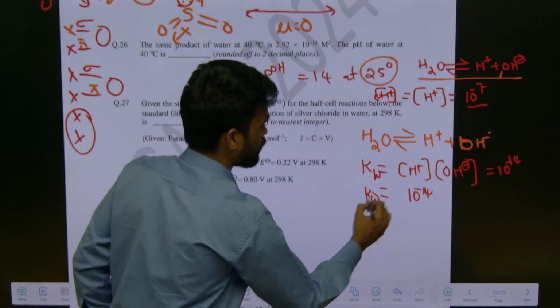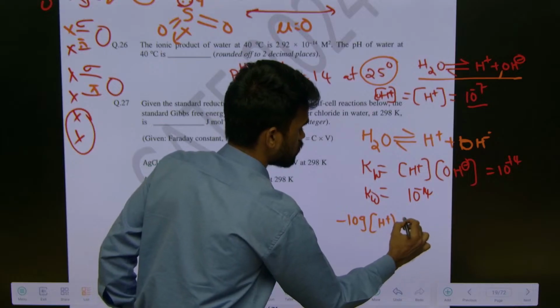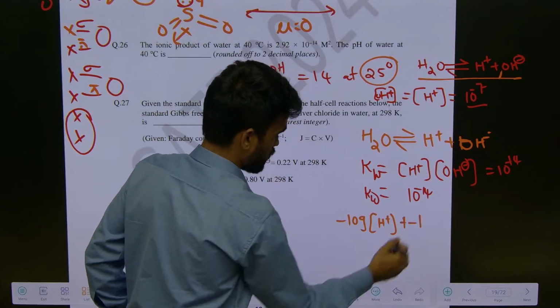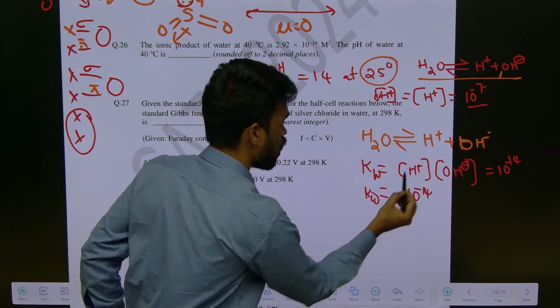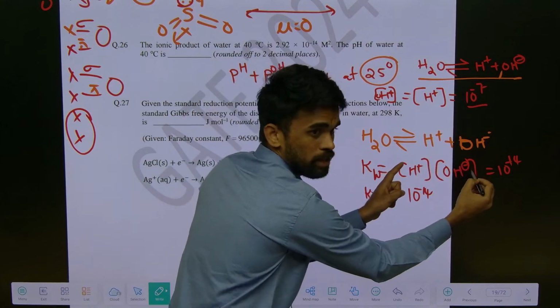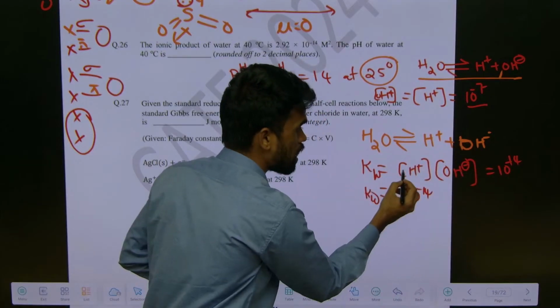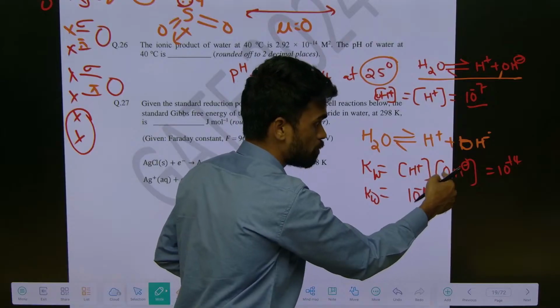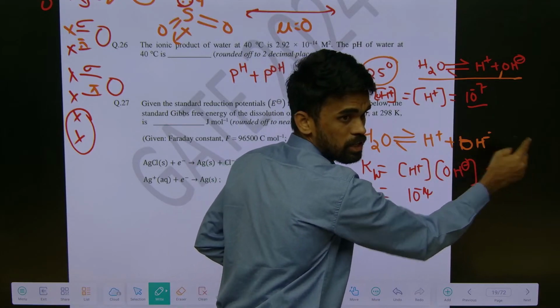So now apply minus log on both sides. If I apply log of A into B, it is log A plus log B. Minus log concentration of H plus minus log concentration of OH minus equals minus log of 10 power minus 14.